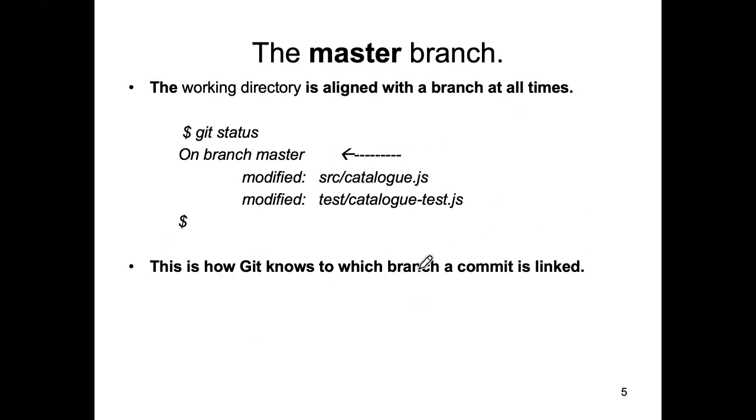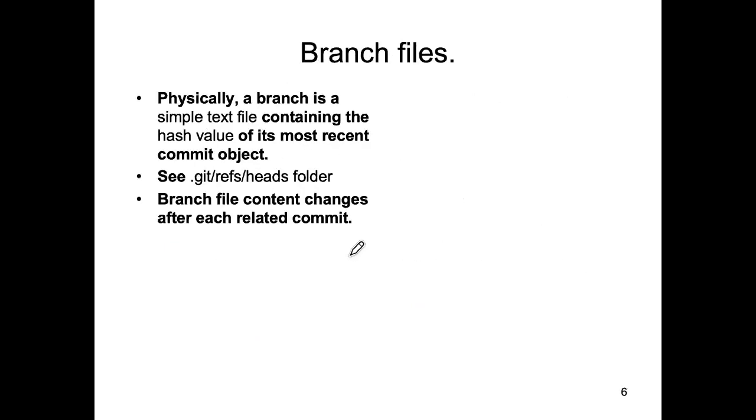And so that's how Git knows which branch you're on, it somehow knows which branch you're aligned with. We'll find out in a moment how it knows that. So as I was saying, everything finishes up being files and folders at the end of the day. So physically, a branch is represented as a file.